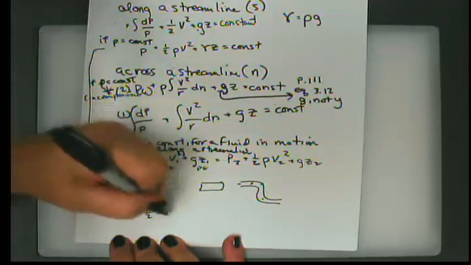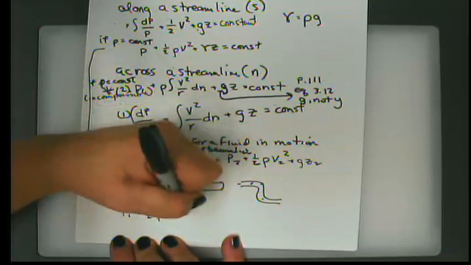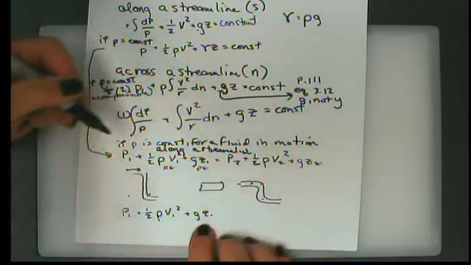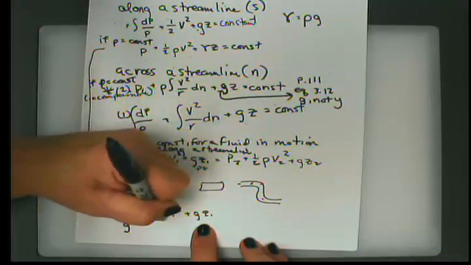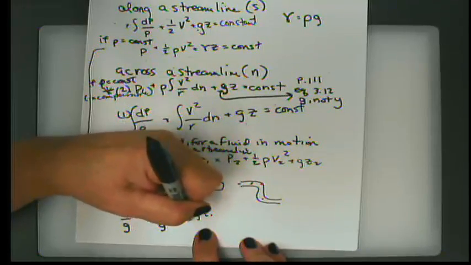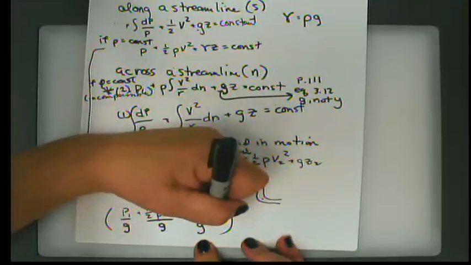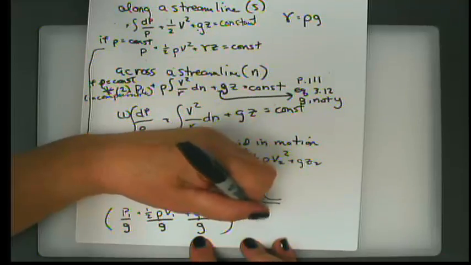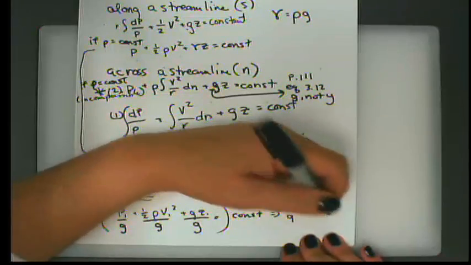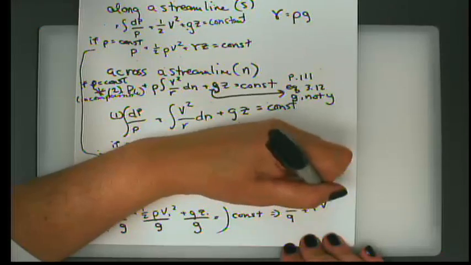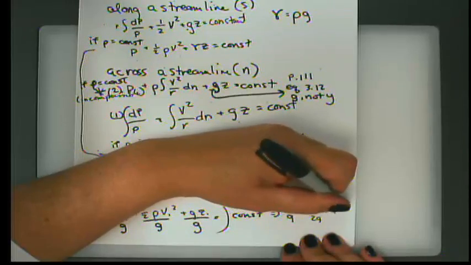Now, here's another consequence of this equation, the Bernoulli equation, along a streamline that I'd like to show you. If I rewrite this, and if I divide each term by g, and since g is a constant, I can write this equation as P over g plus rho V squared over 2g plus Z equals a constant.